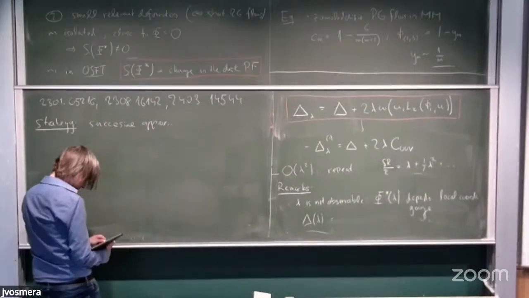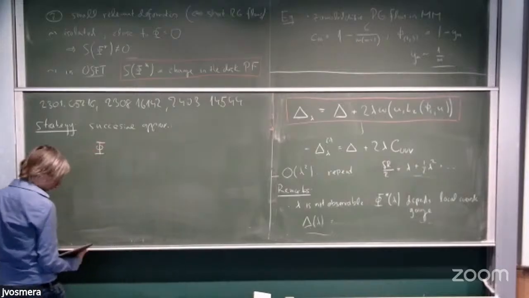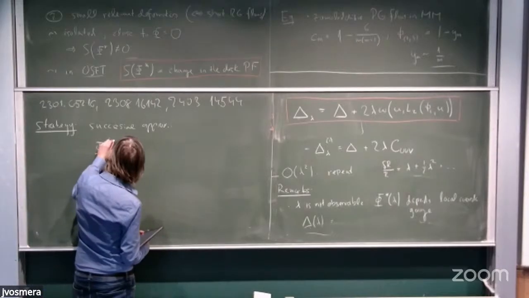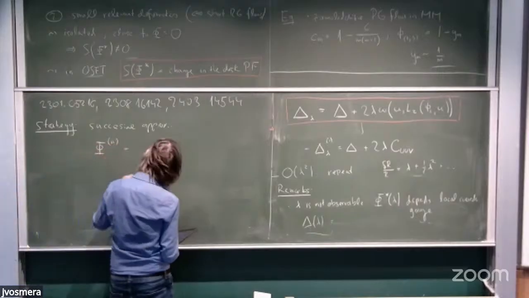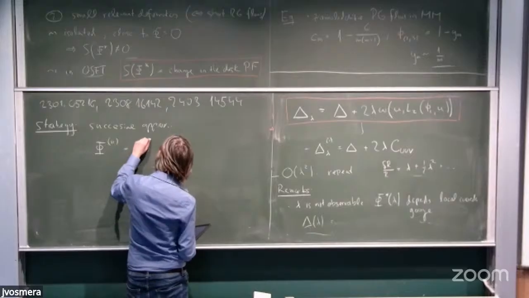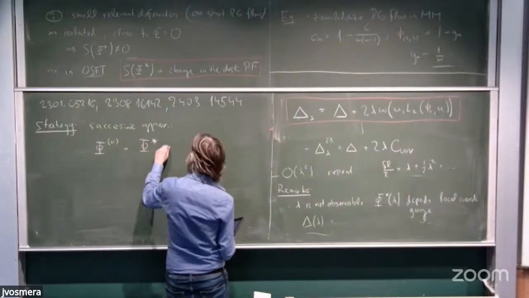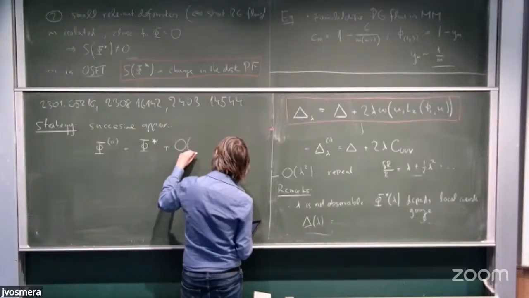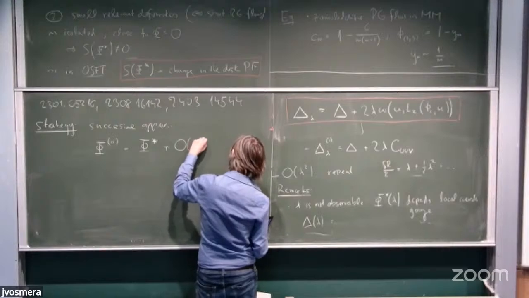That is to say, we will try and construct the string field Psi bracket n, which will be supposed to be the exact classical solution plus possible corrections of order y to the n plus 1.